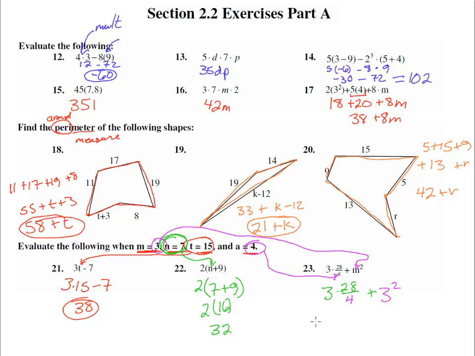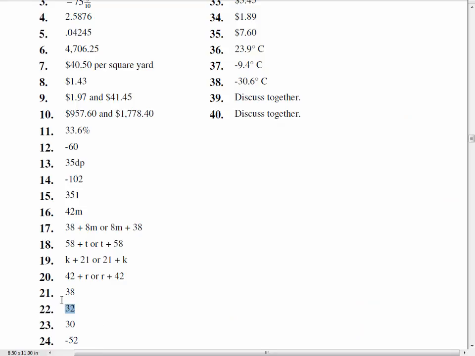There we go. So this is 3 times 28 divided by 4. 28 divided by 4 is 7, so we have 3 times 7 plus 3 squared, or 3 to the second power, which is 9. That's 21 plus 9, and 21 plus 9 is 30. Let's check our answer. 23 is 30. Good!